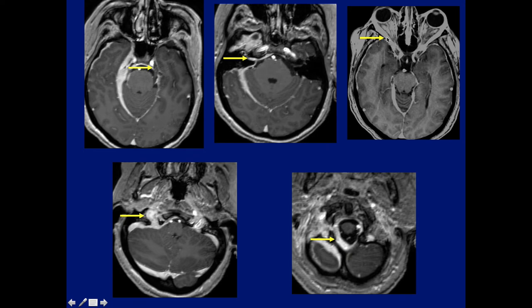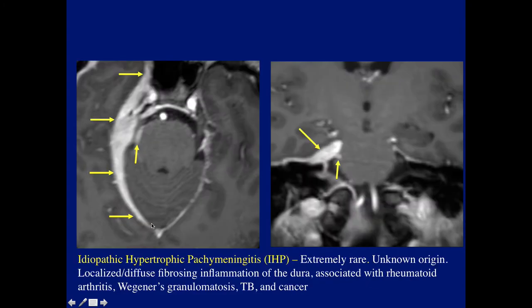Look, there was tremendous thickening in both orbits. The patient had some visual problems. Here at the foramen magnum, the marked thickening of the dura, and again in the region of the jugular foramen. So this was a very unfortunate condition causing multiple cranial nerve abnormalities.